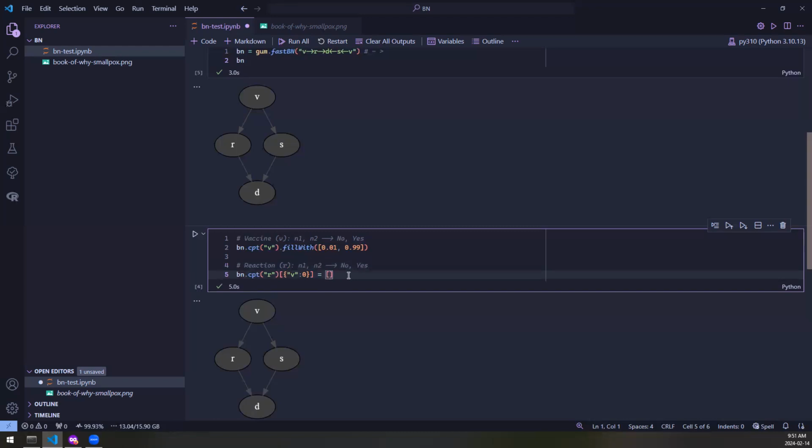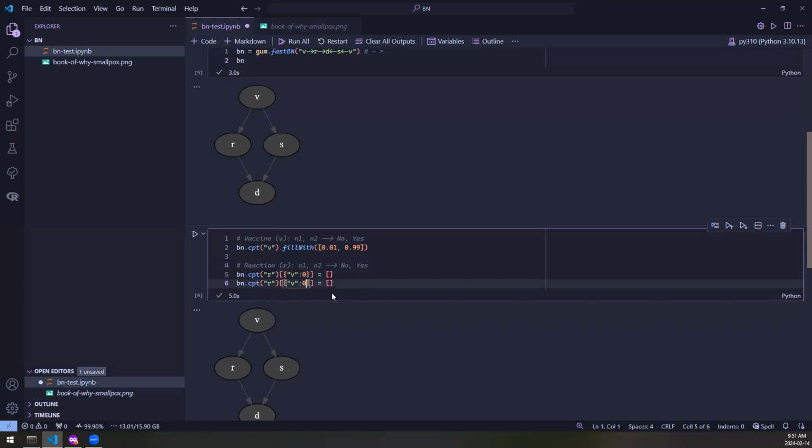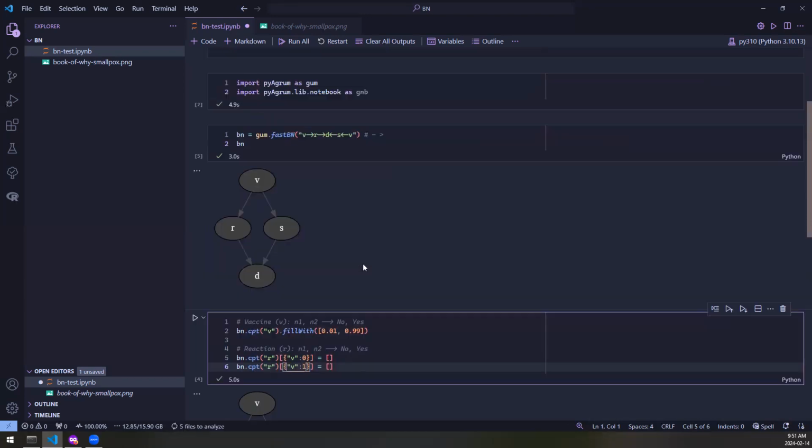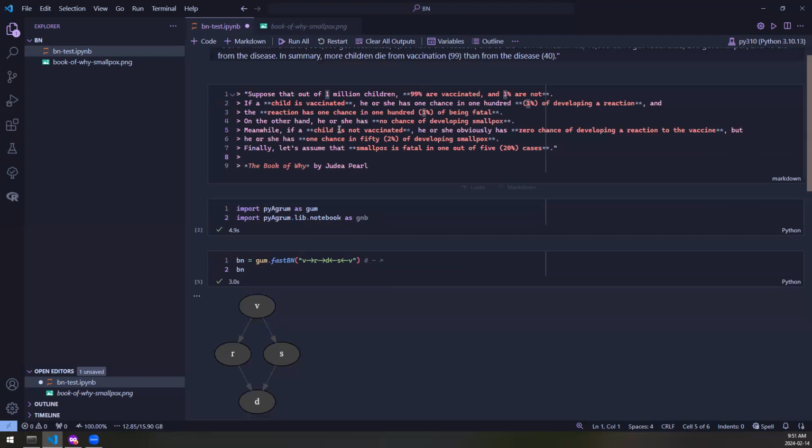Next, I'm just going to copy and paste here. We need to set another pair of numbers that correspond to the situation where vaccine is true. Let's take a look at the data. If a child is vaccinated, he or she has 1 chance in 100, that is 1%, of developing a reaction.